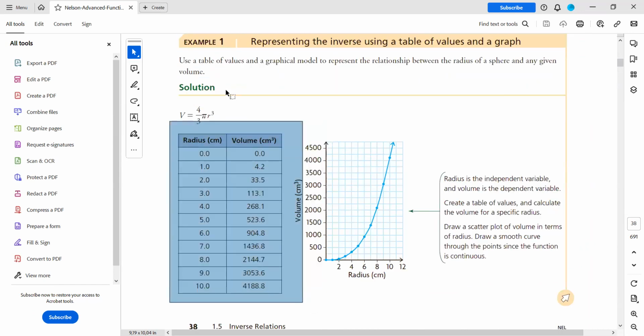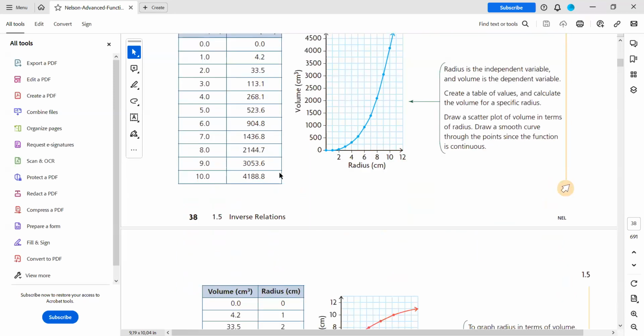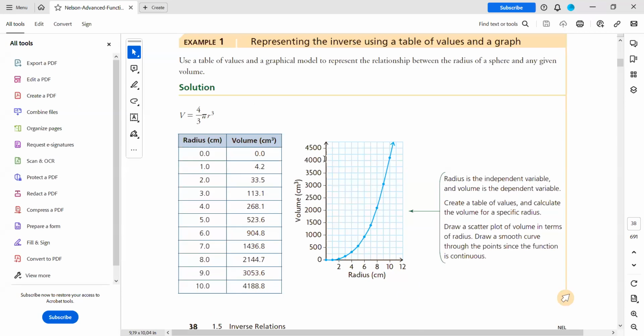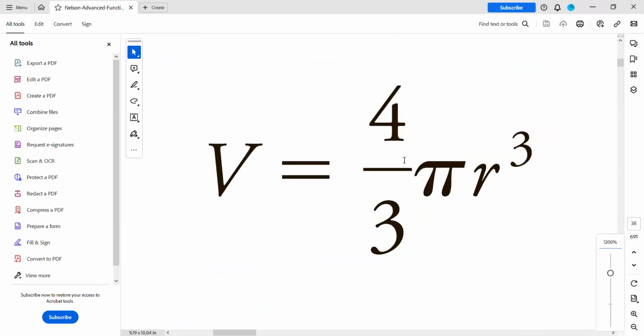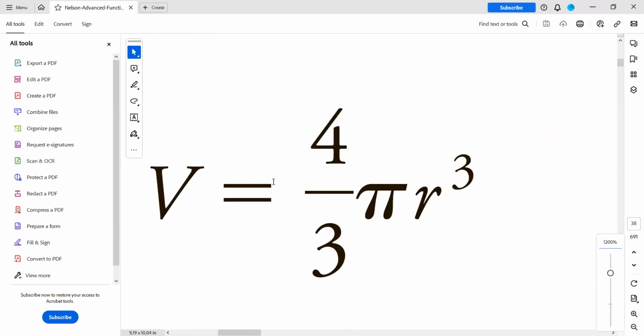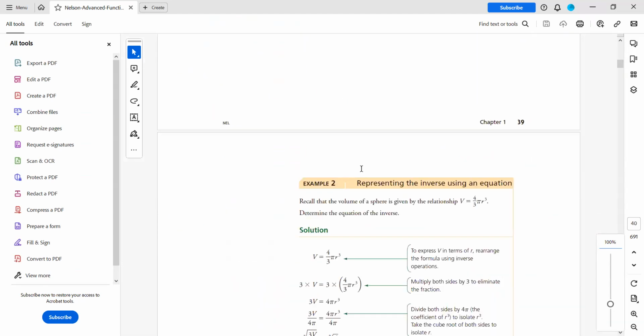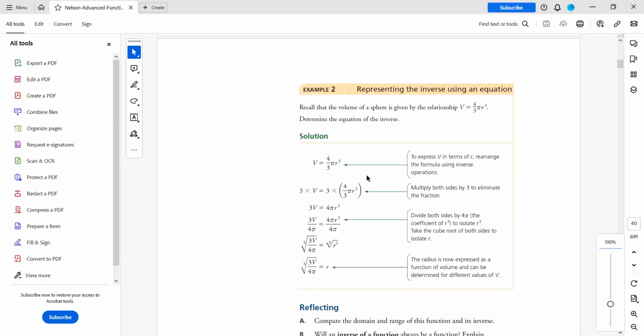You see, radius on the left, volume on the right. Now volume on the left, radius on the right. But we also can switch our variables in our equation, and we're going to achieve pretty much the same result. Let's move on to the next example. They're going to show us how it's done.